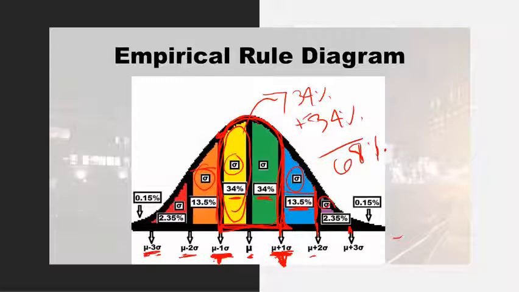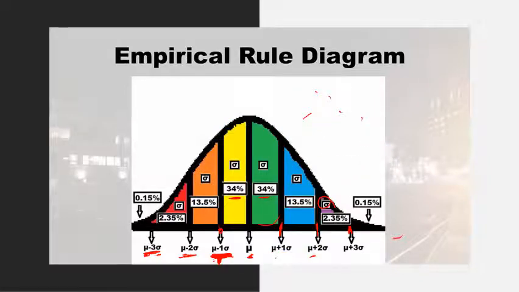Now, if we want to go 2 standard deviations, that would be here and here, where this is your upper limit and this is your lower limit. If you use 2 standard deviations, your data is going to fall within this whole section.